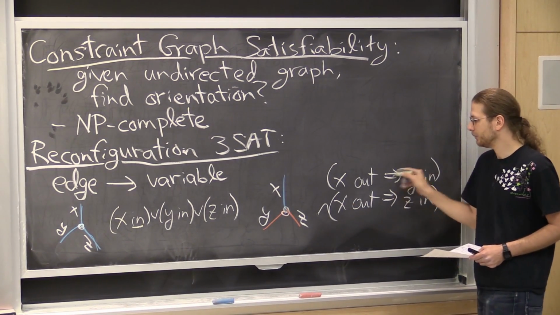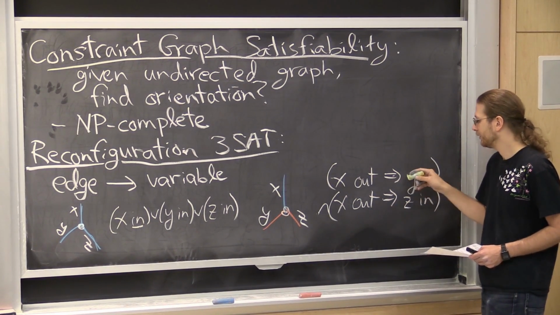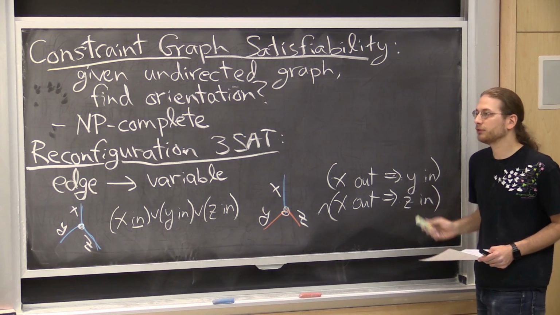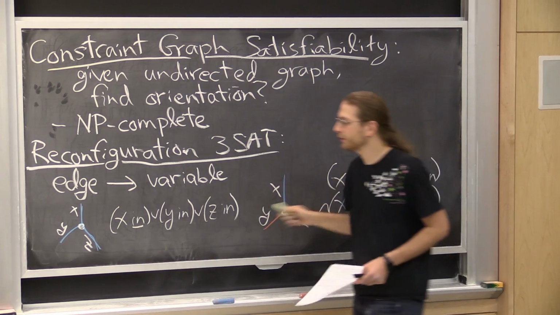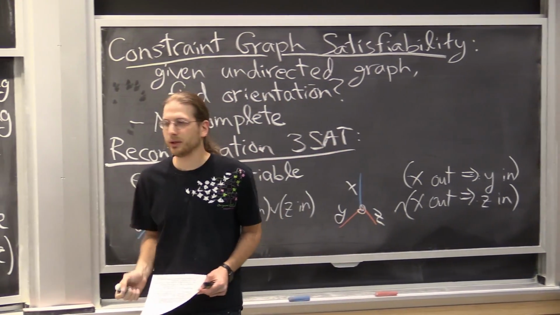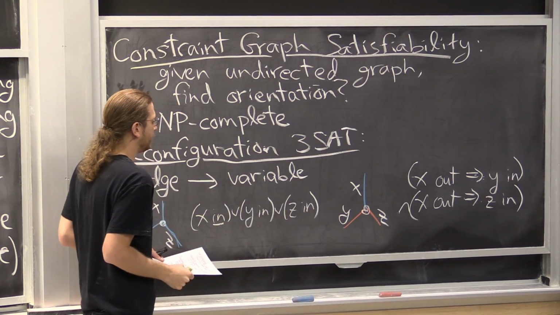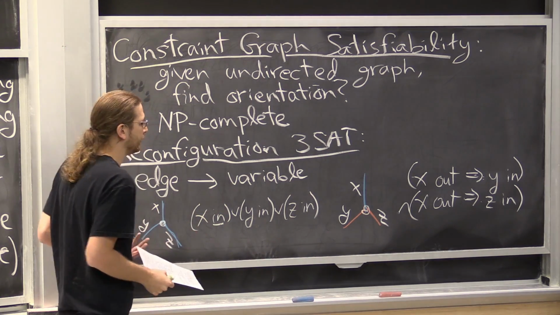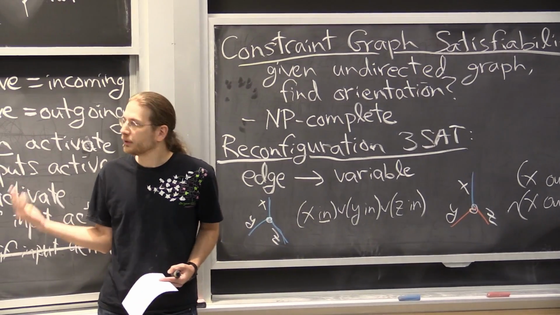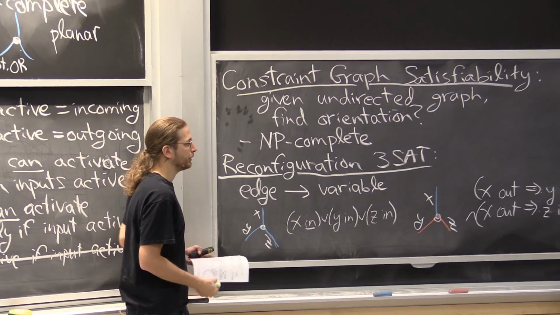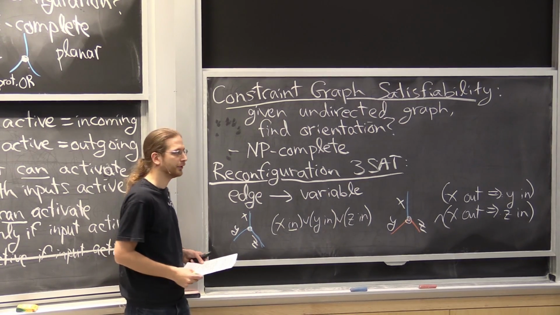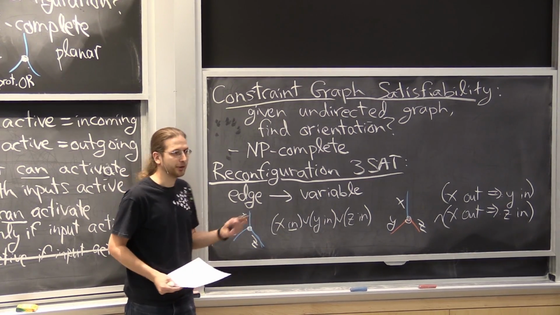We can convert an implies into a not-x-out or y-in, as usual. So these are two SAT clauses. You take the conjunction of all those clauses, you get a 3-SAT formula. And that exactly represents that the configuration is valid, that it satisfies the inflow constraint. And so reconfigurations in the constraint logic are identical to reconfigurations in the 3-SAT instance. A very nice, simple proof found by Sarah.